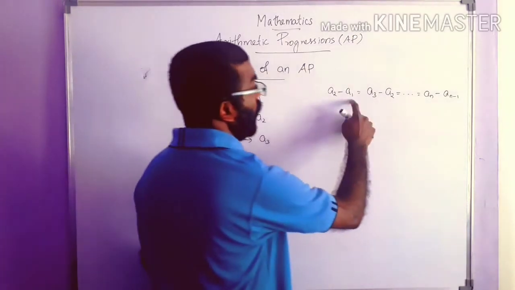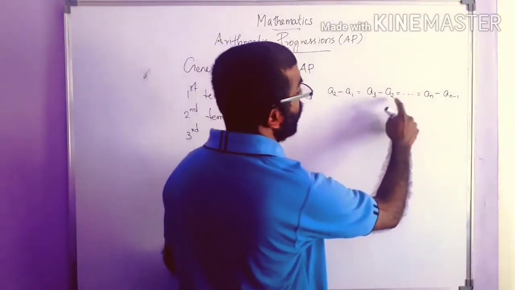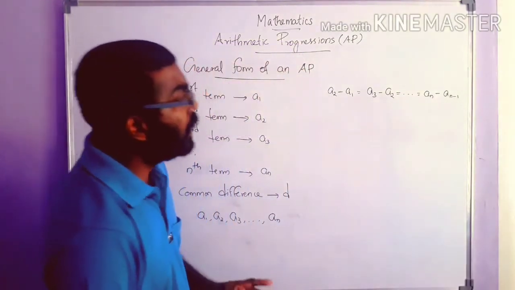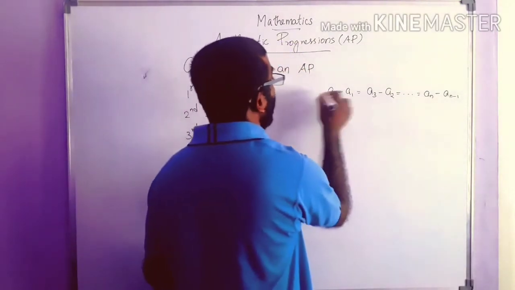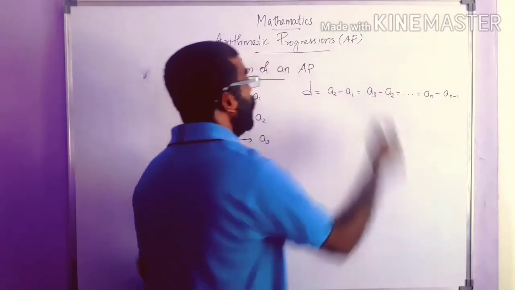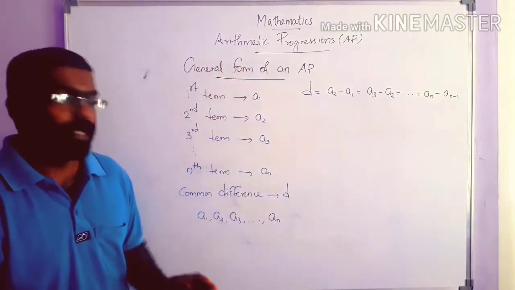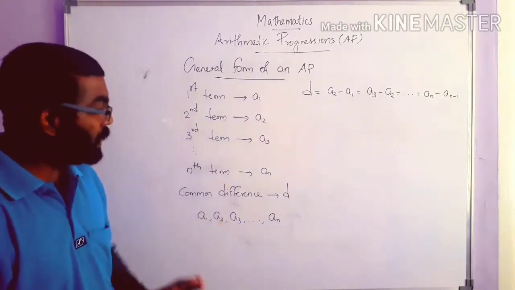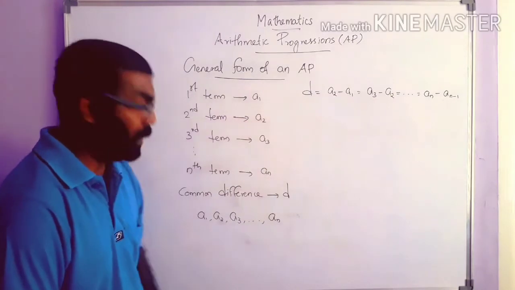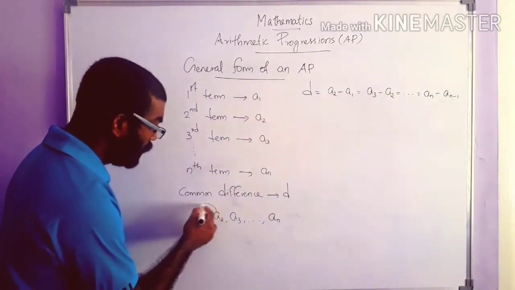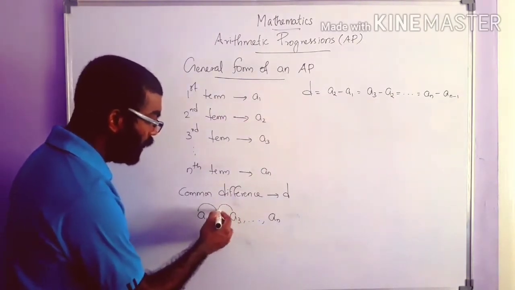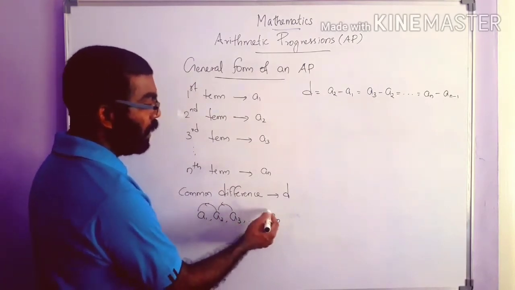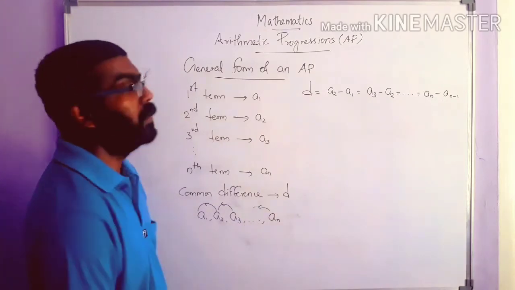So A2 minus A1 is equal to A3 minus A2 is equal to etc. is equal to An minus An minus 1, and we denote it by D, the common difference. The difference is common. If we subtract any term from its succeeding term, we get the same number. That is what is called the common difference. That is A2 minus A1, A3 minus A2, A4 minus A3, An minus An minus 1.